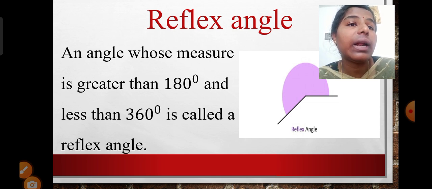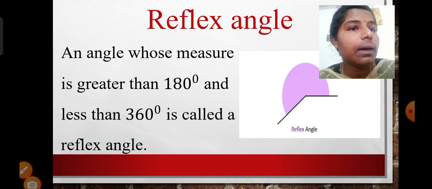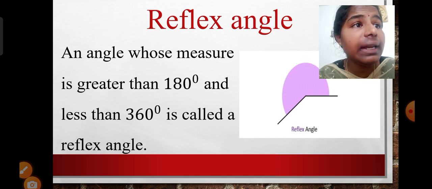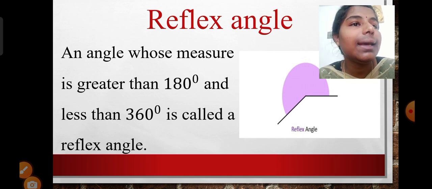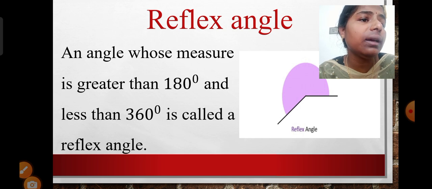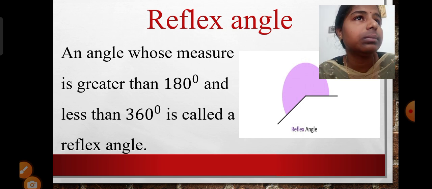For obtuse angle we have seen less than 180 degrees but greater than 90 degrees, in between 90 and 180 degrees. Here it is in between greater than 180 degrees and less than 360 degrees. 360 means full rotation, complete angle. Where it is starting, we have to rotate fully.